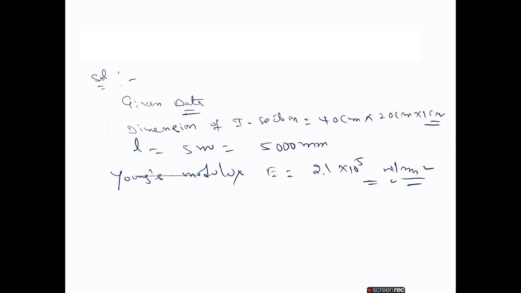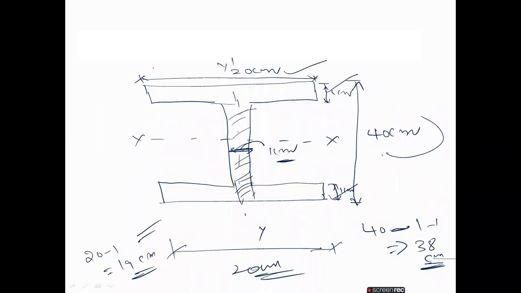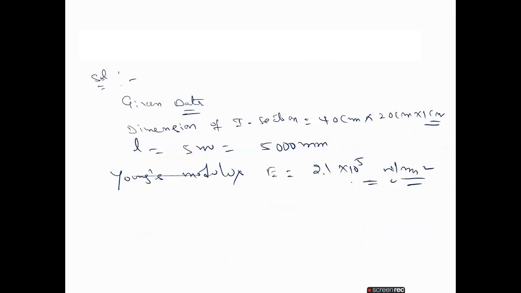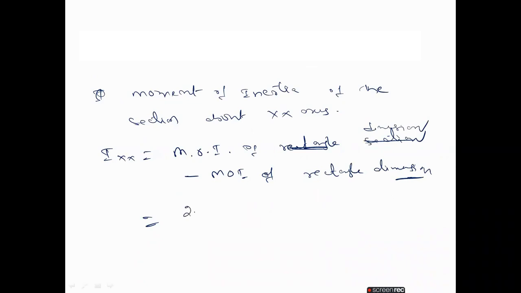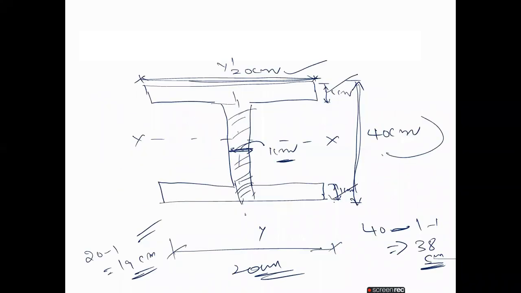First we have to take the B and D, that is the total dimension 20 by 40. For the inner dimension, we have to remove the flanges and the web thickness. So 40 minus 1 minus 1 gives 38, and 20 minus 1 gives 19 centimeter.